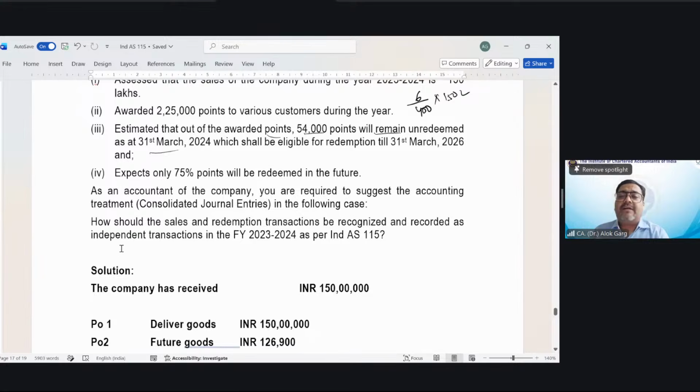As an accountant of the company, you are required to suggest the accounting treatment in the following case. How should the sales and redemption transactions be recognized and recorded as independent transactions in the financial year 23-24 as per Ind AS 115?